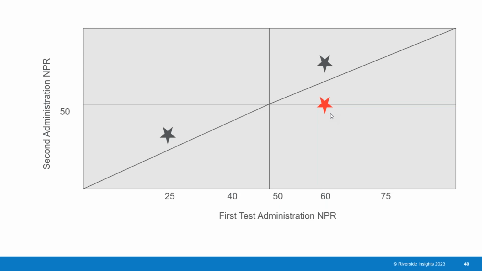If you did a real simple matrix between the two, between one year and the next, you can easily identify students that were exceeding their growth expectation versus those who were falling slightly short of their growth expectation.